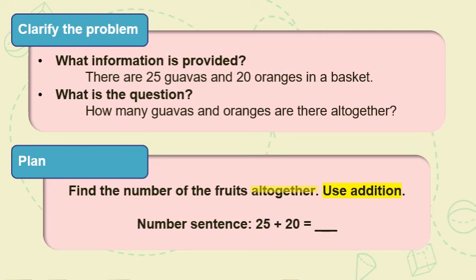It means that we are going to use addition. And the number sentence will be like this: 25 plus 20 is equal to blank.